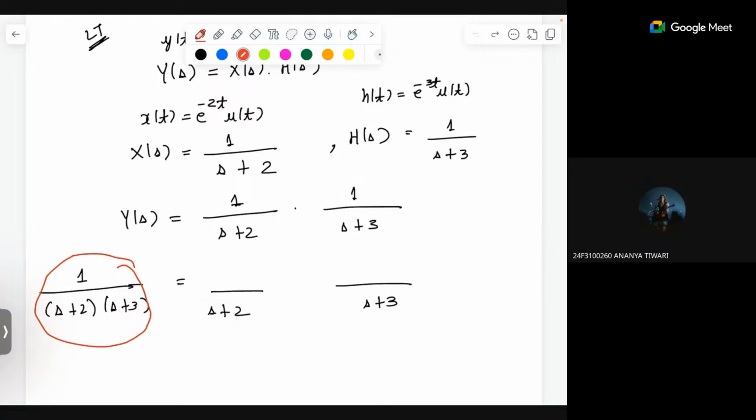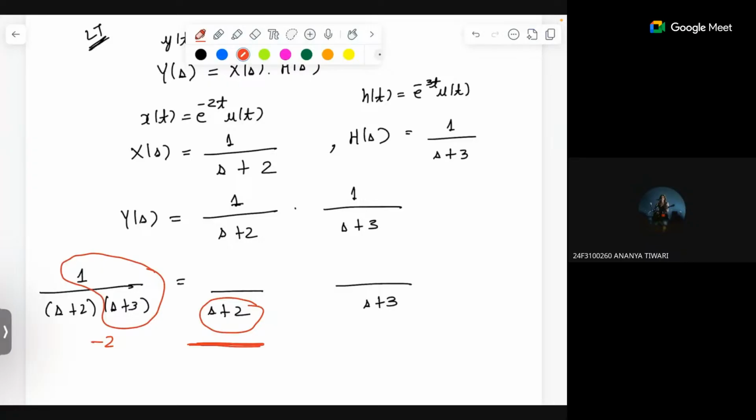So what we will do is, for the numerator of s plus 2, I will ignore that same term s plus 2, and in the remaining thing I will put s equal to minus 2 to get the numerator.